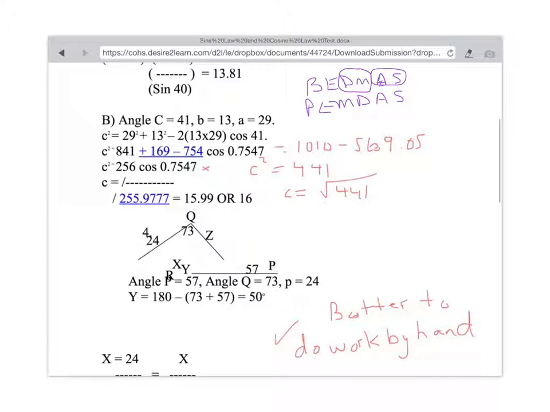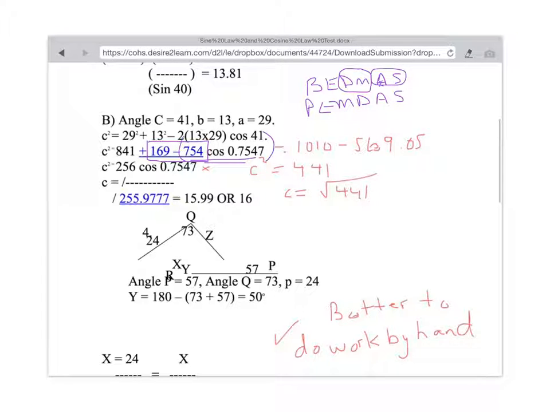So we're breaking the rules of BEDMAS, or the order of operations, when you're doing your cosine law, because what you're doing is taking these two numbers and adding them, or subtracting them in this case, before you're multiplying here. The multiplying must come before the subtracting or adding.